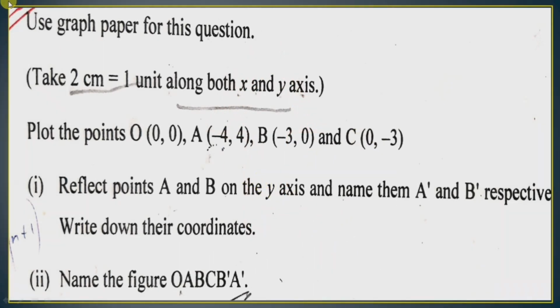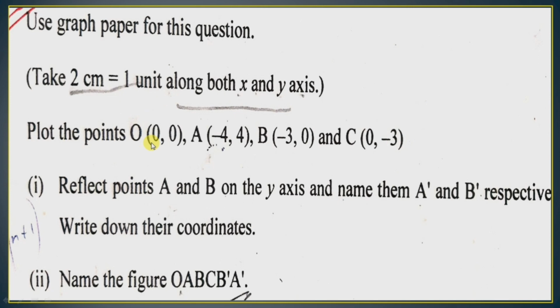My next question, use the graph paper for this question. Take 2 cm equal to 1 unit along both x and y axis. Plot the points O (0, 0), A (-4, 4), B (-3, 0), and C (0, -3).